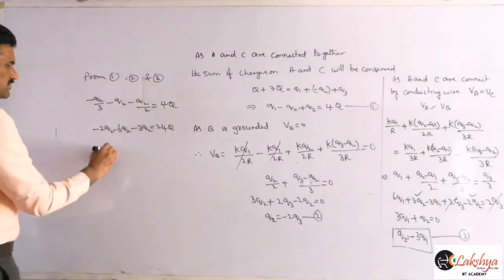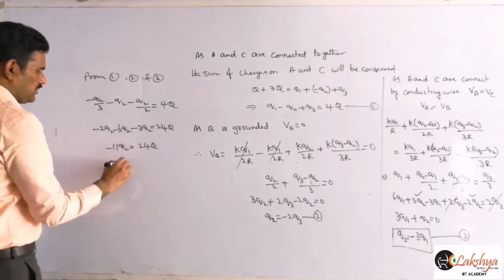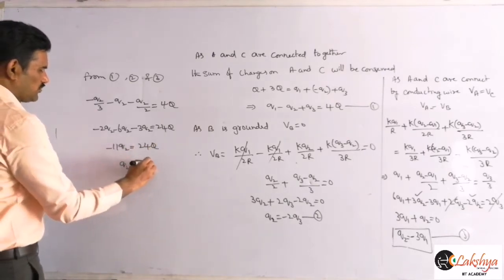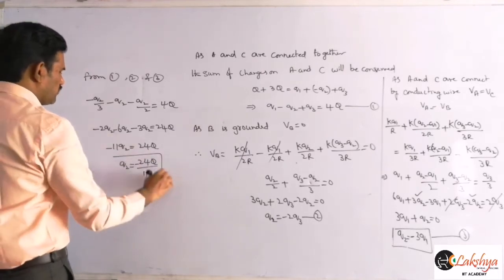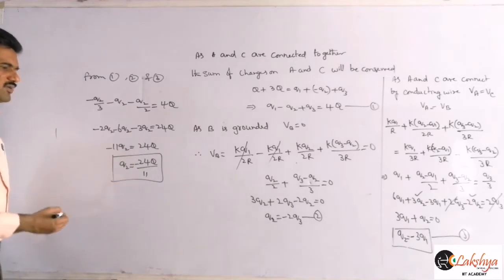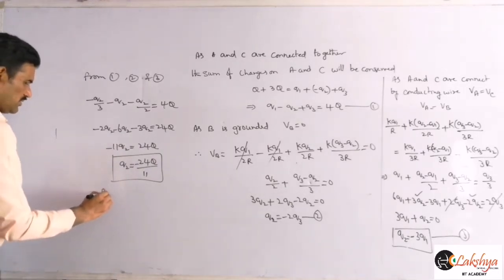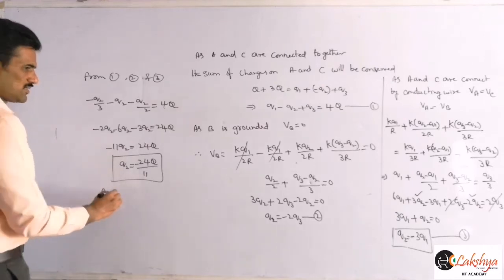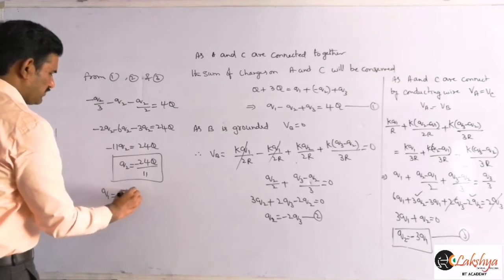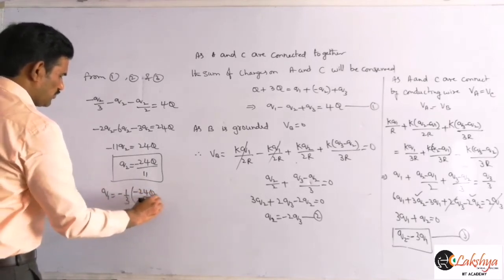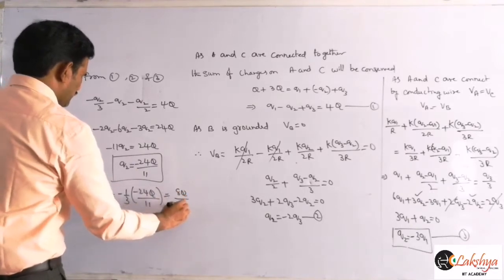And so this is minus 11Q2 is equal to 24Q, or Q2 is equal to minus 24Q by 11. And from that you can write these Q3 and Q2 values easily. Therefore Q1 is equal to minus 1 by 3 into this value, minus 24Q by 11, so that you will get 8Q by 11.